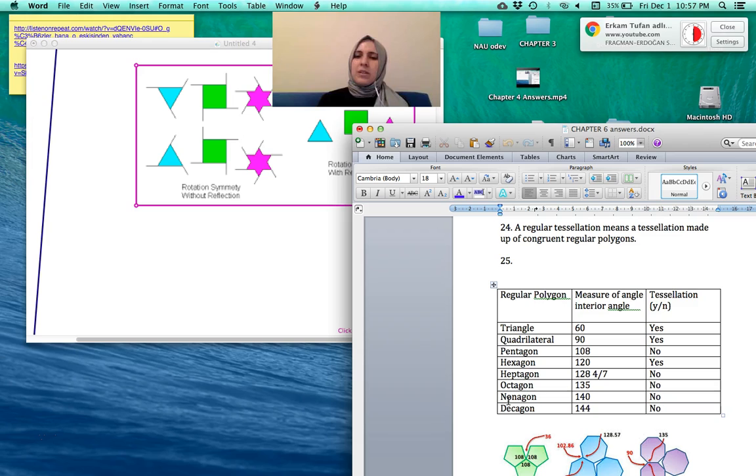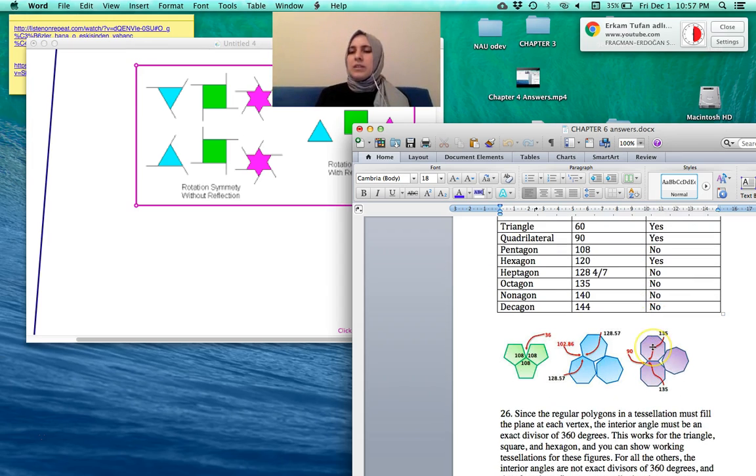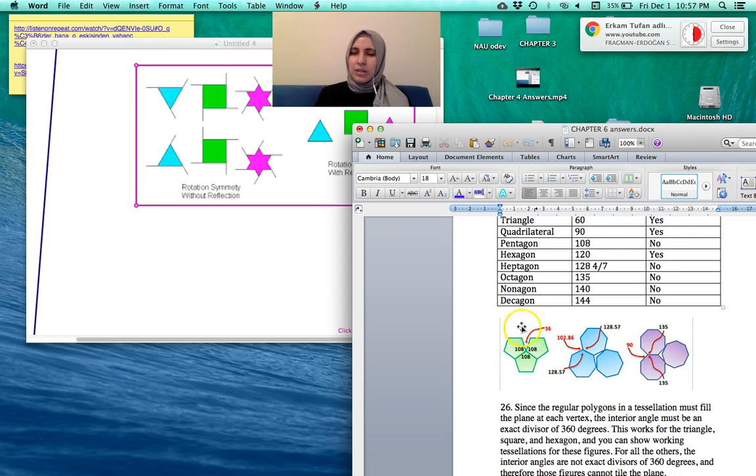The last one is the decagon. The interior angle is 144, and we can't tessellate it. And as you see, there's empty space. It doesn't connect these pentagon, octagon, nonagon, and decagon.